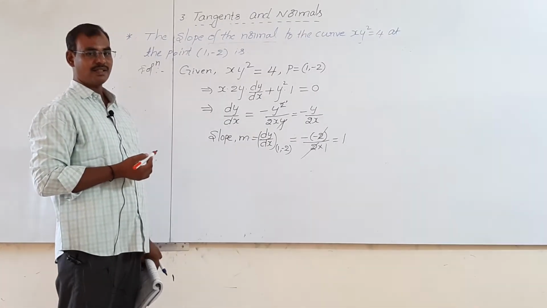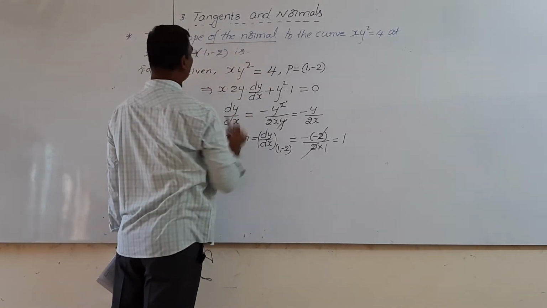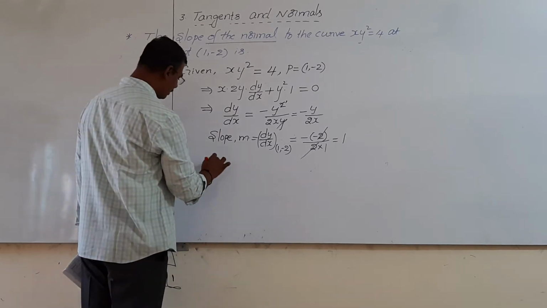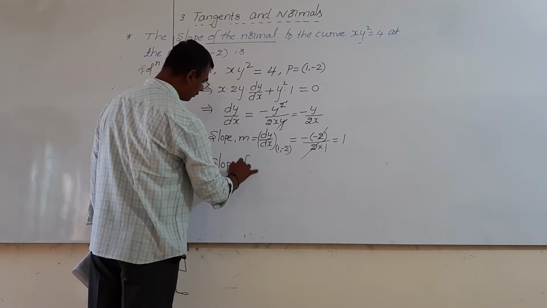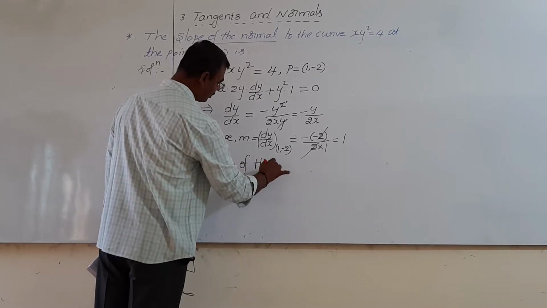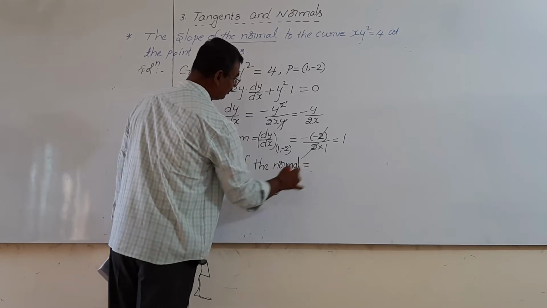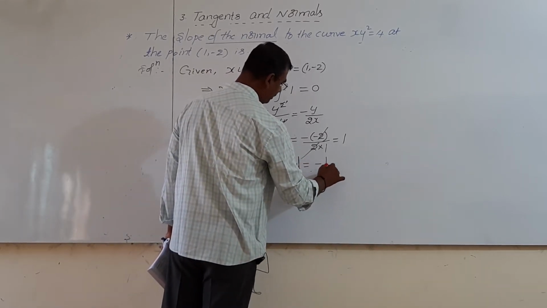Is it our answer? No. Why? Because he asked in the problem the slope of the normal. So the slope of the normal is equal to minus 1 divided by m.